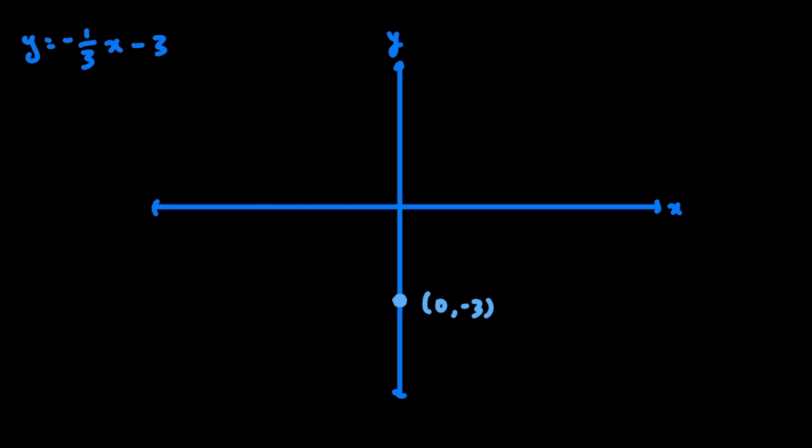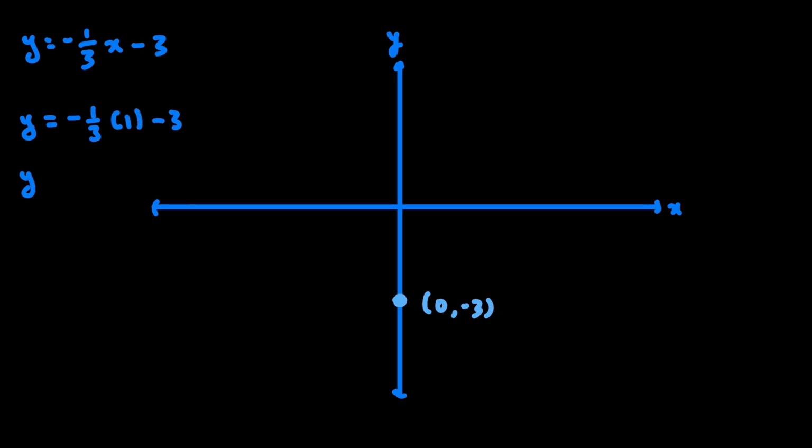Then all I need to do is substitute any value other than 0 for x. And just to make it simple, I'll substitute 1 again. So if I substitute 1 into here, I'll have y equals negative a third times 1, take 3.